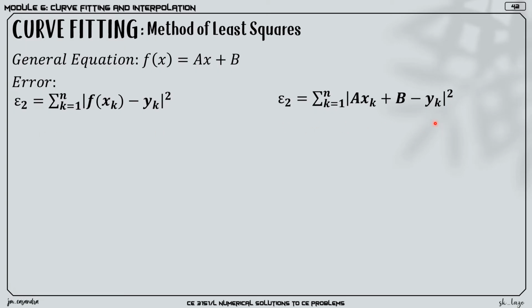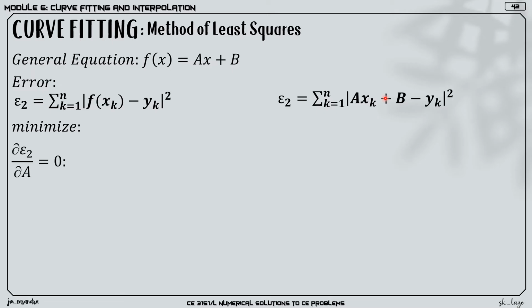This equation is minimized by calculus. We are given two constants a and b, so we apply partial derivatives to minimize our error.